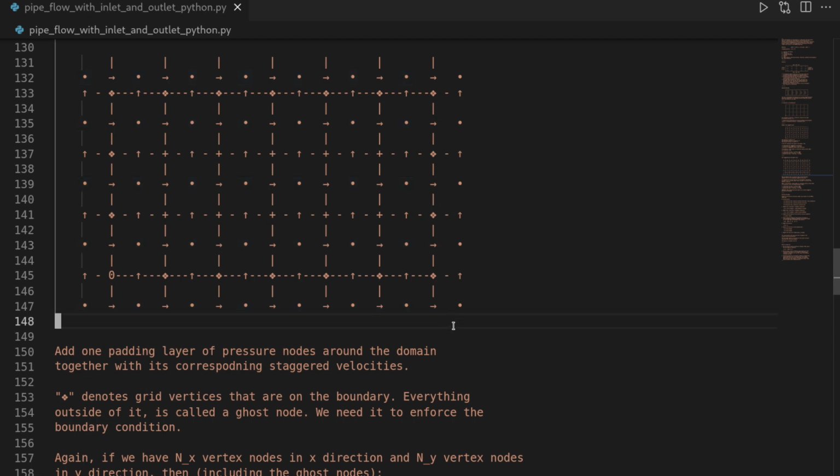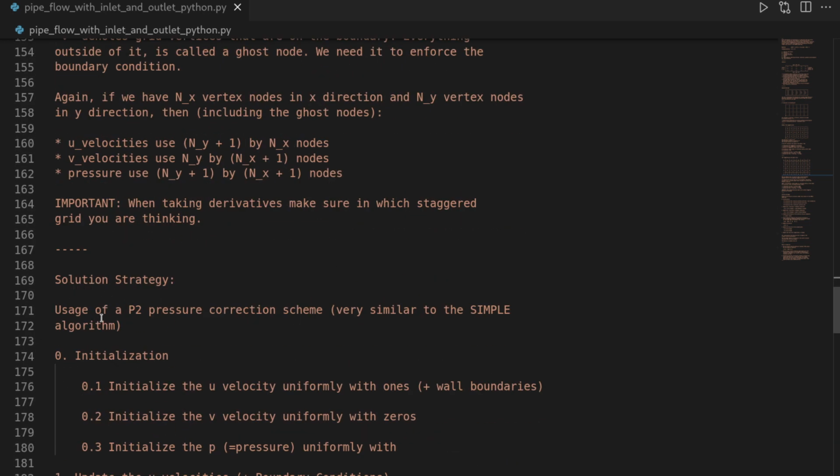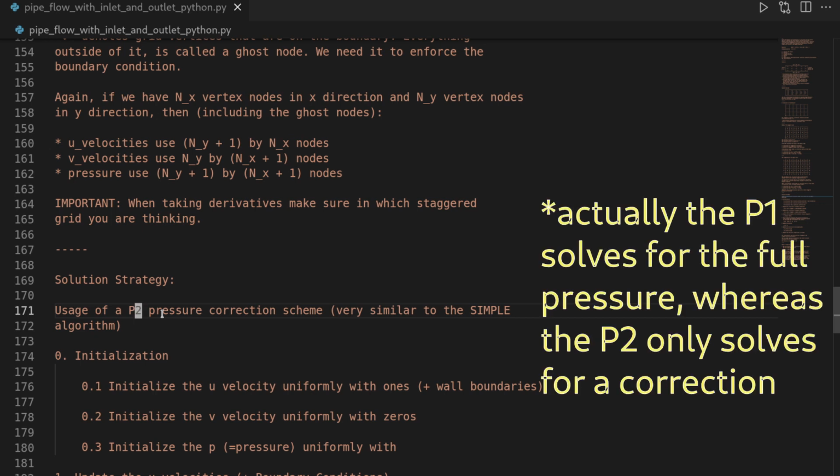Now let's finally look at our solution algorithm. And this one looks as follows. As said, we will use a so-called P2 pressure correction scheme. P2 is some sort of a taxonomy of pressure correction schemes. A P1 scheme usually refers to an operator splitting in which we leave out the pressure gradient from the momentum equation and just solve for a pressure correction in the end.